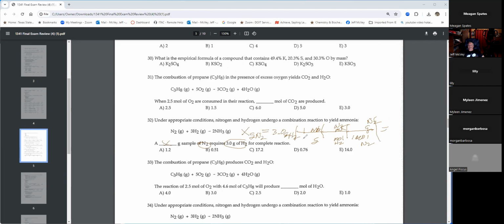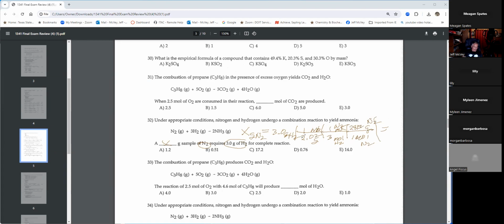Here we go. So H2 has a molar mass of 2.02 grams. The mole to mole ratio is 3 moles of H2 to 1 mole of N2. 1 mole of N2 weighs 28.02 grams. Okay, I know that's pretty messy. So that's 3 divided by 2.02 times 1 divided by 3 times 28.02.